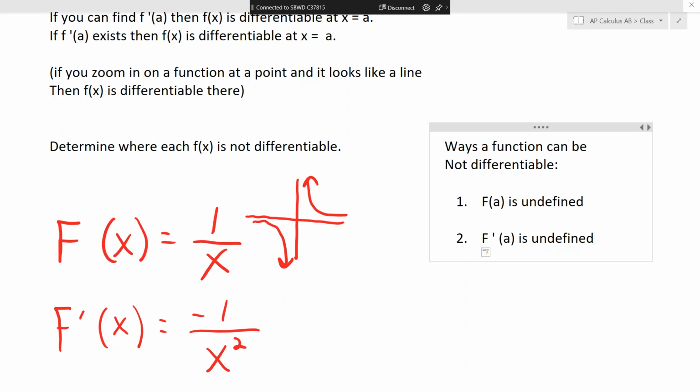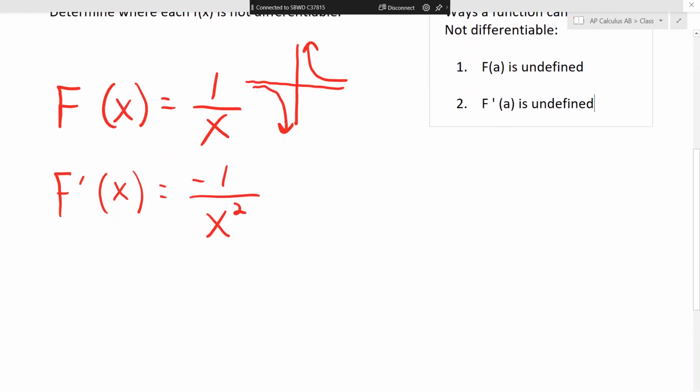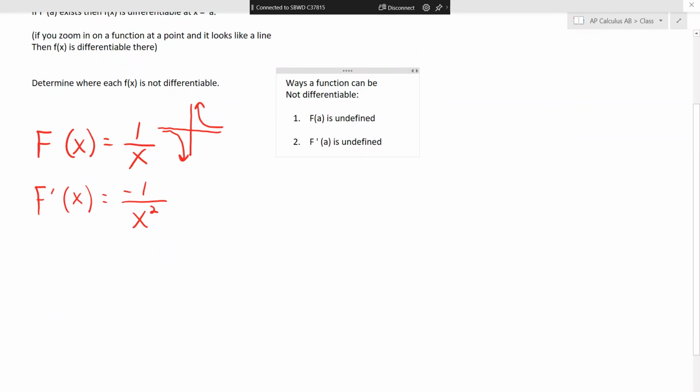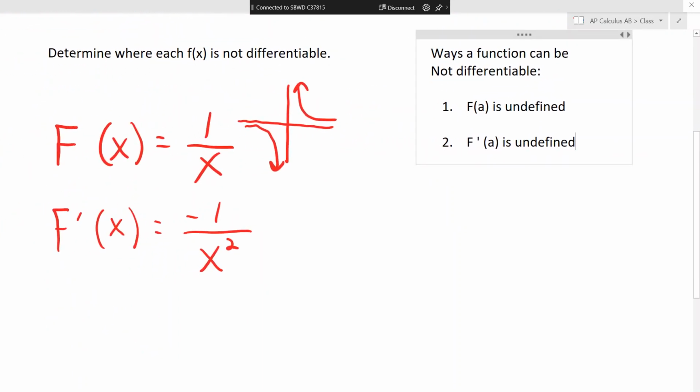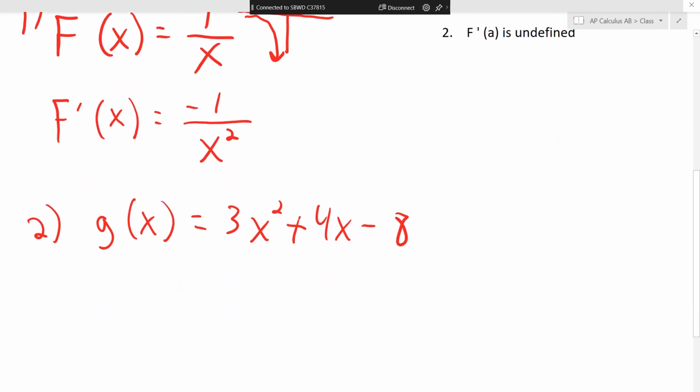Much like continuity, it's a pretty simple concept, but we talk about it in a complex way. So I think graphically is the easiest way to talk about these things. My second function, we'll call this number 2, is g of x equals 3x squared plus 4x minus 8.